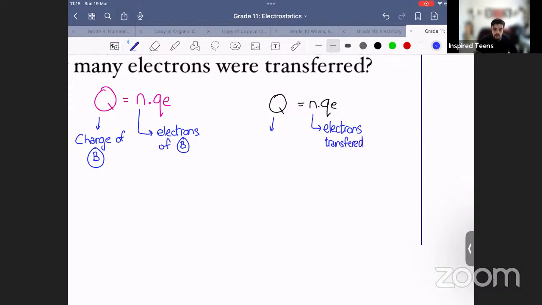What charge will you have to have? The charge transferred. The English sort of has to match.